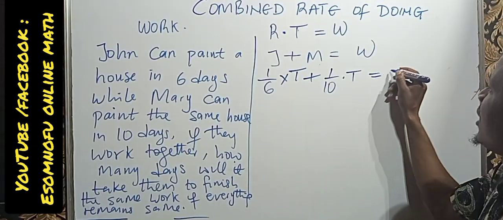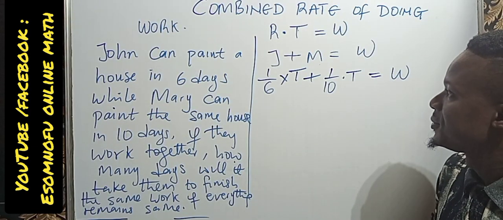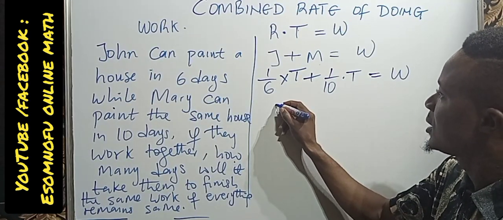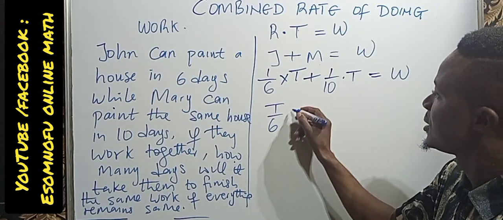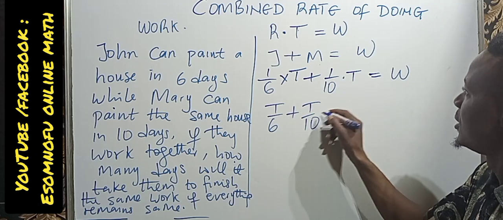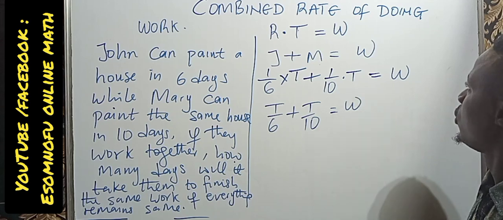This will now be equivalent to the total work done. So we now have 1 times T, which gives T/6, plus 1 times T here again, T/10, equals the work done.